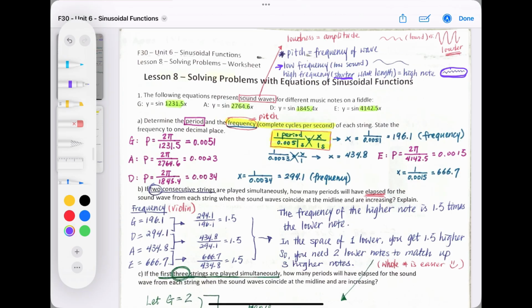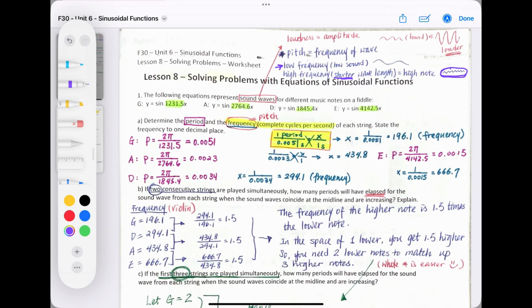Now, the sound wave in this problem is given by the sine function, and as you can see, of the A, B, C, D values, all they focus on is the B value. So recall, the B value controls the period. So part A, determine the period. Yes, we can do it.